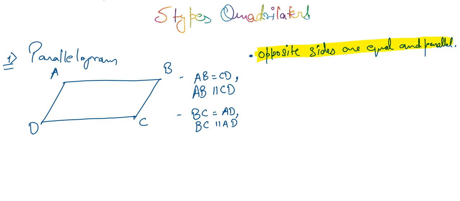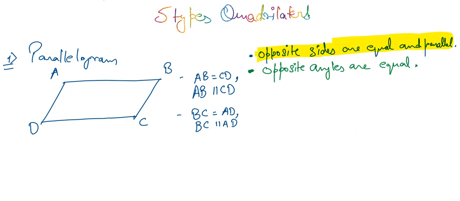Are you okay with that? Shall I move ahead with another property? Okay. Another property states that opposite angles are equal. You would have to remember these properties, which are not complicated.